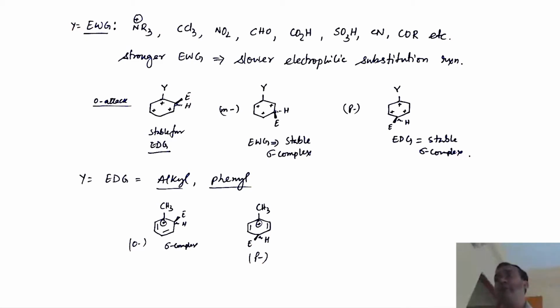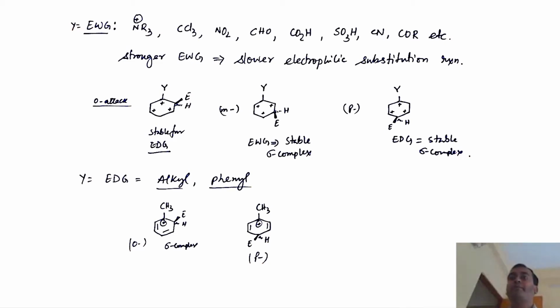Then you need to draw the meta product and think about their electron withdrawing ability. If it is more electron withdrawing, the reaction rate would be slower compared to the benzene ring, or compared with themselves, and then you can make the order correctly. So this is our first category: Y equal to electron withdrawing group.